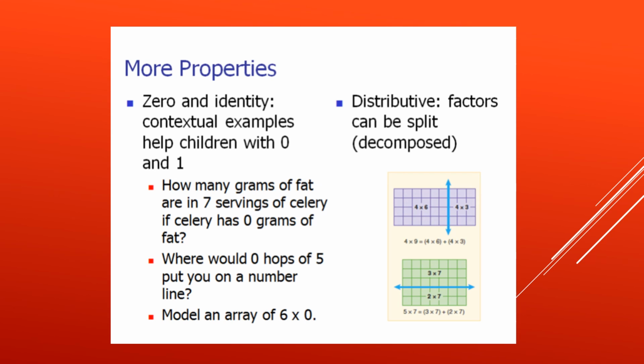So instead of doing 5 times 7, we break up that 5 into 3 plus 2. So 3 times 7 plus 2 times 7 would equal the same thing. So 3 times 7 is 21. 2 times 7 is 14, and if you add those, you're going to get 35, which is 5 times 7. So it works either way.